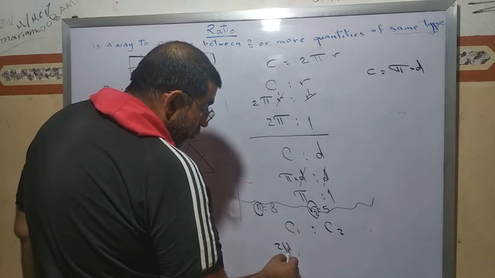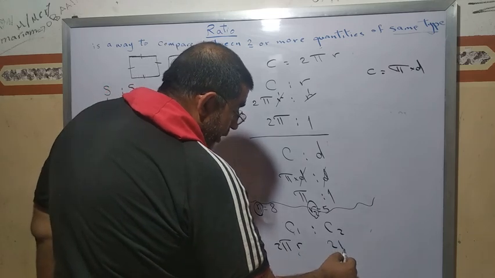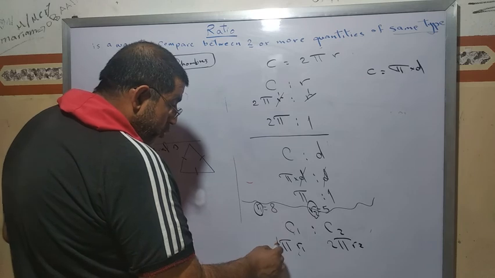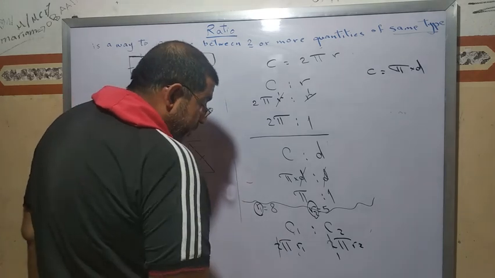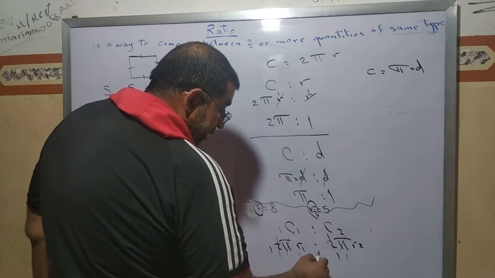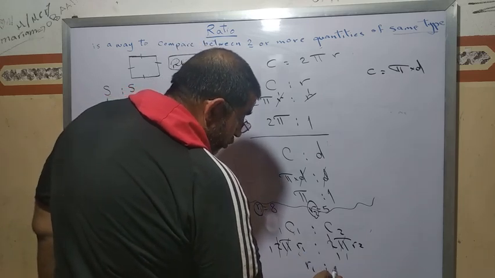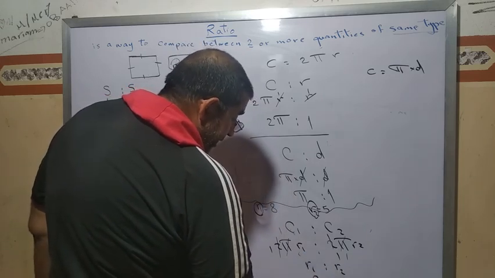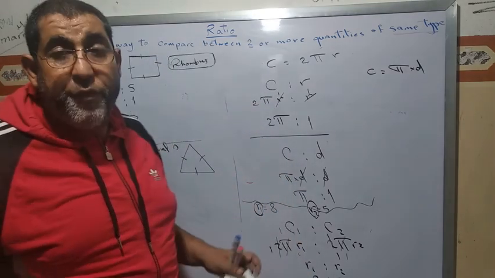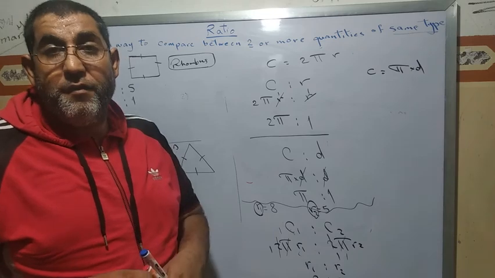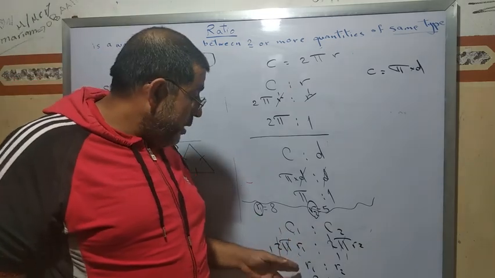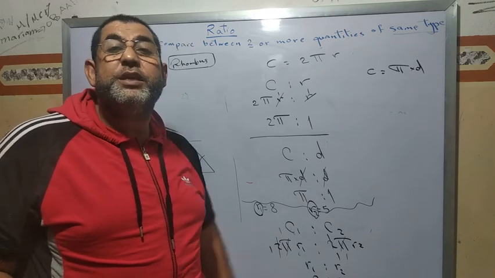Circumference equals 2πr, so 2πR1 to 2πR2. 2 with 2 simplify, π with π simplify. There remains R1 to R2, that means 8 to 5. That means the ratio of the circumferences of two circles with different radii equals radius 1 to radius 2.